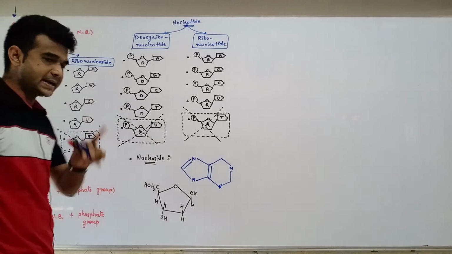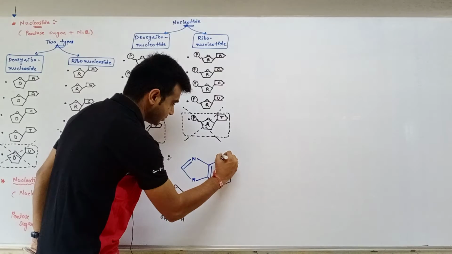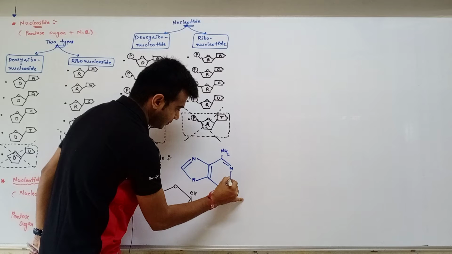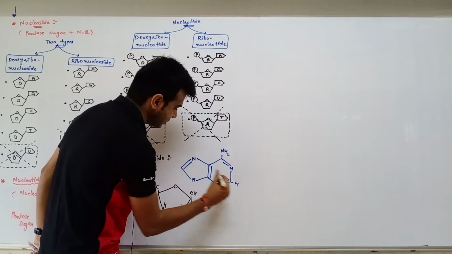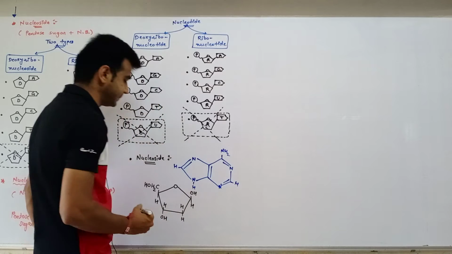So you know that adenine has one amino group, right? So here one amino, two alternate bonds, here one hydrogen filled, here one hydrogen filled, and here one hydrogen filled.